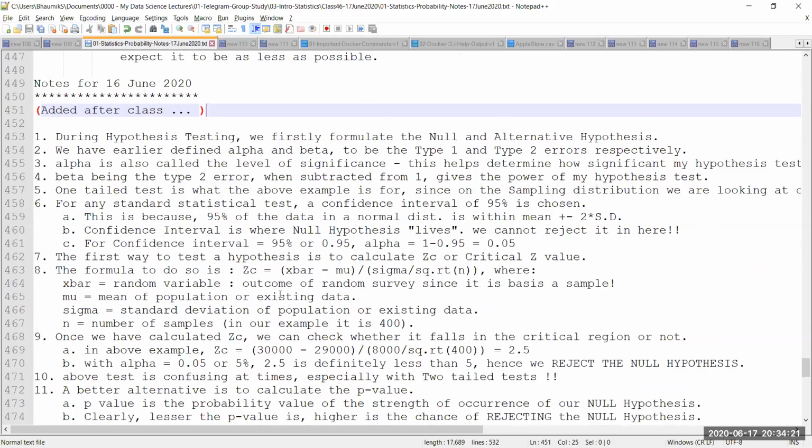Firstly, I did not tell anyone until the last class about a certain type of test that we are trying to do over here. This testing that we are doing is basis the Z score. So we are taking the Z value and then we are doing the test. Because of that, this test is otherwise known as a Z test.